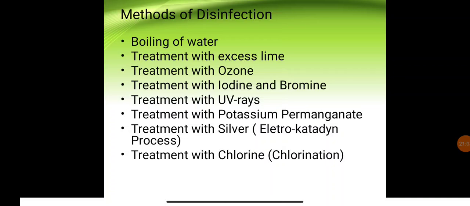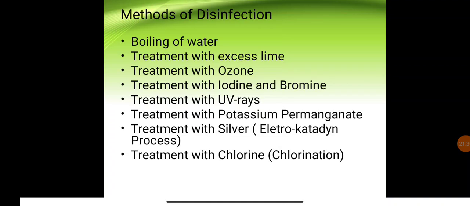If the pH is greater than 9.5, that means the water is in alkaline condition, and the reaction gives rise to 100% OCl minus ions and no HOCl. So the disinfection action depends on the pH. The pH matters here.